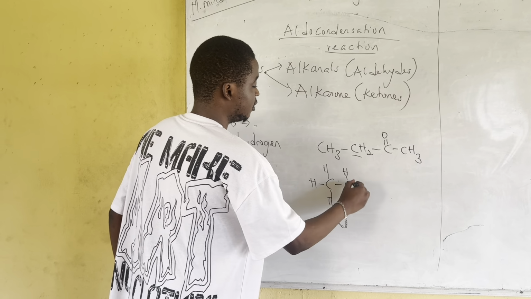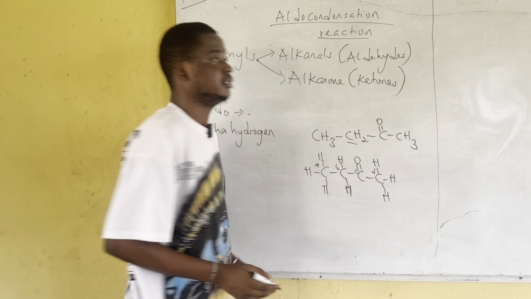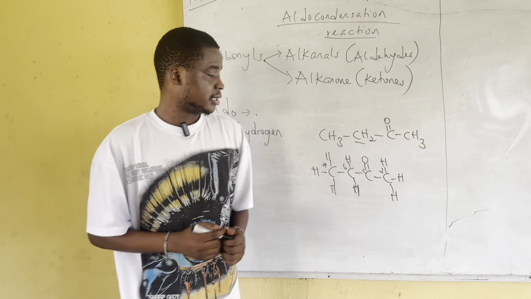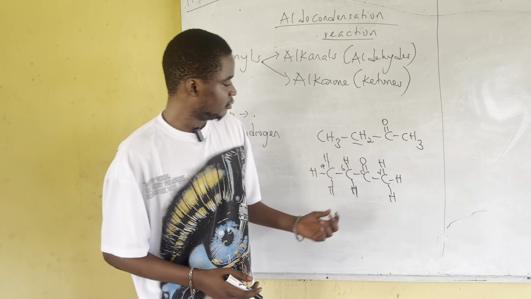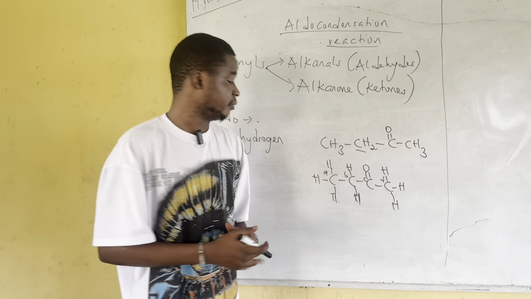Now look at this. This is what we have here in the Fischer formation. Let me label the carbons with letters: carbon A, carbon B, carbon C, and carbon D. Carbon C is a carbonyl carbon, that's the carbon that has the C=O group.